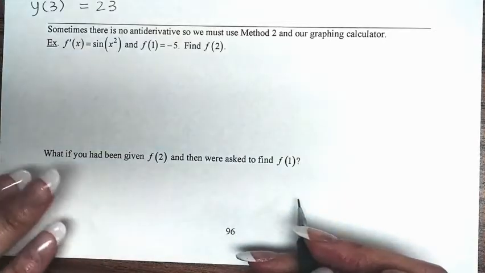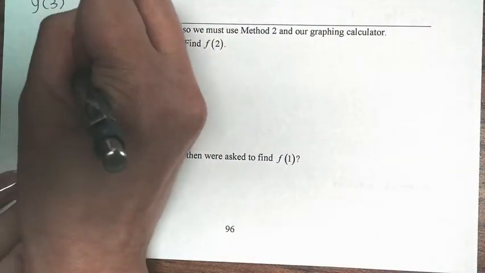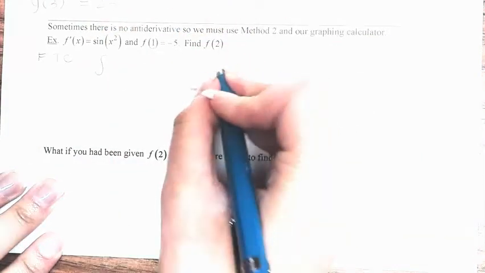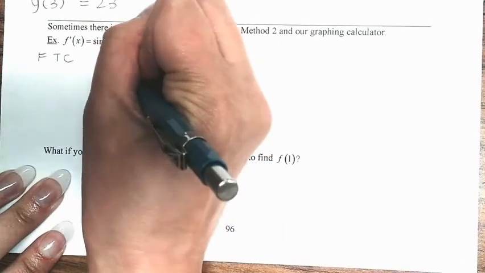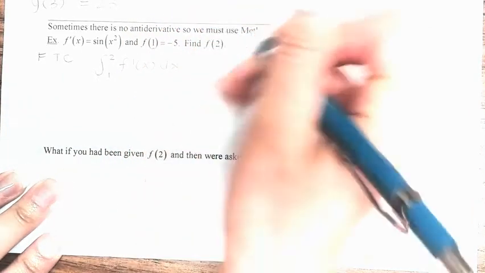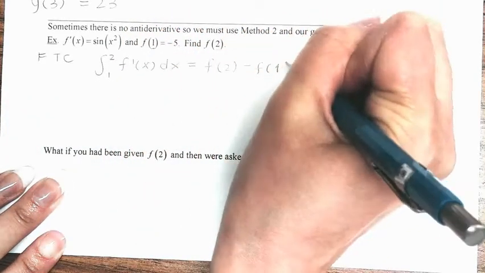So over here what you can see is, by the fundamental theorem of calculus, we know that the limits of integration are going to be this 2 and the 1 is smaller, so 1 to 2 of f prime of x dx. You do know that this is going to be equal to f of 2 minus f of 1.